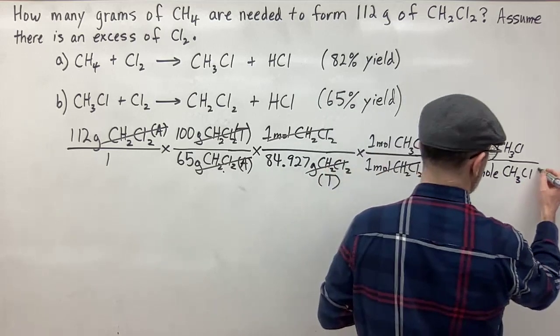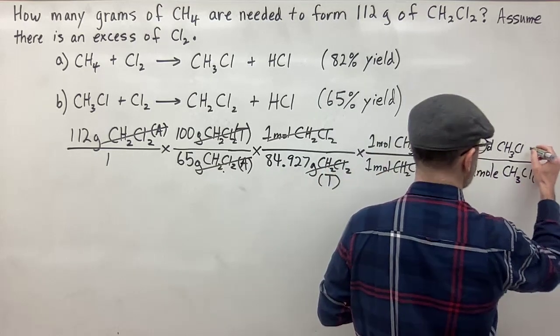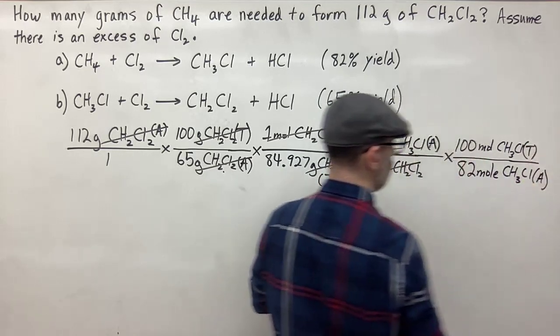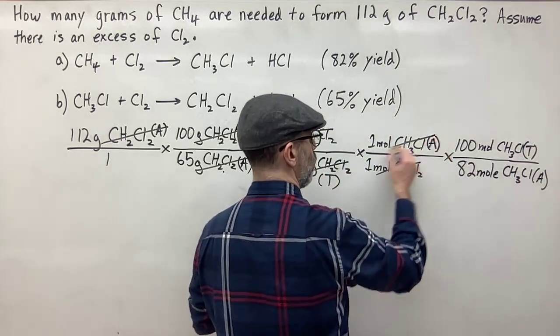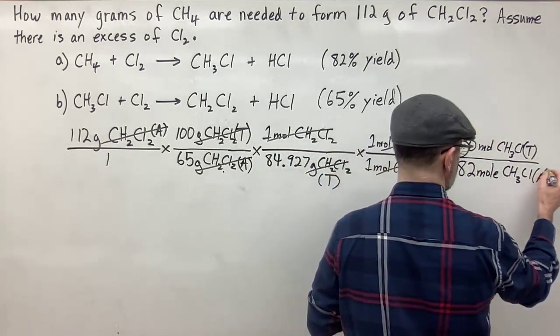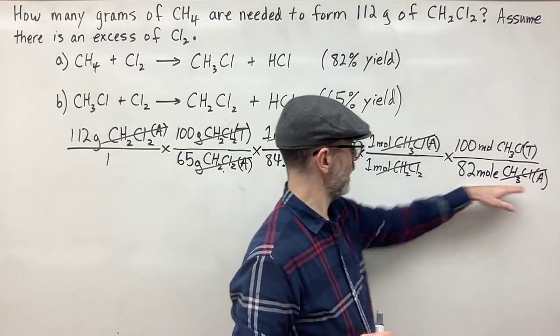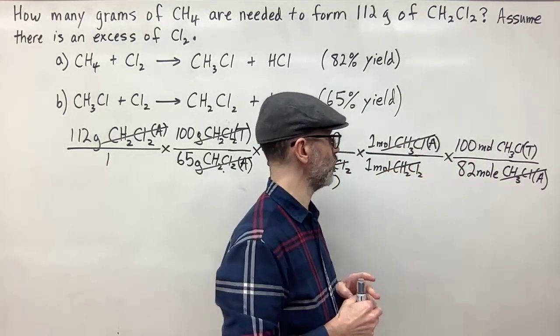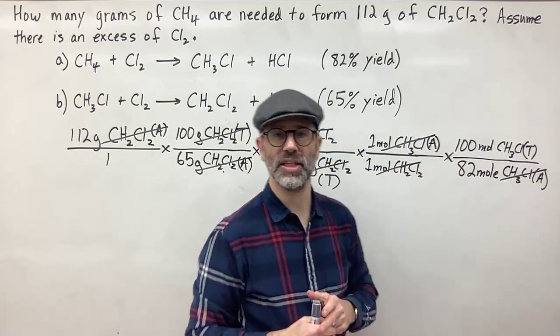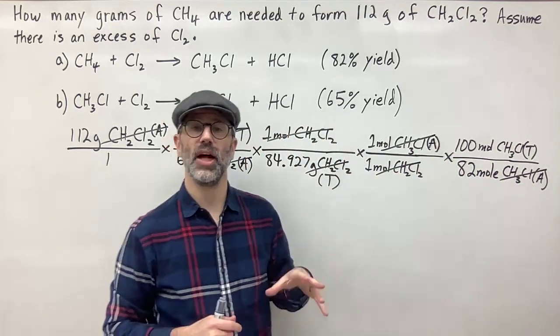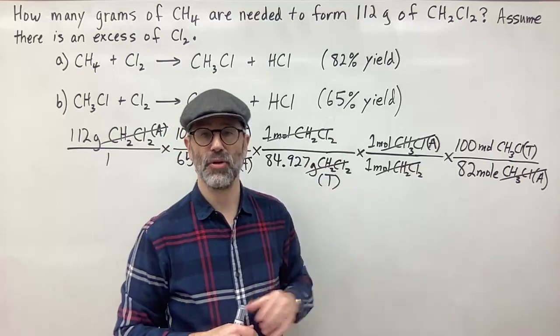This is actual, and this is theoretical. So then the moles of the CH3Cl actual get canceled out, and now we have 100 moles of the CH3Cl that we should have gotten theoretically.